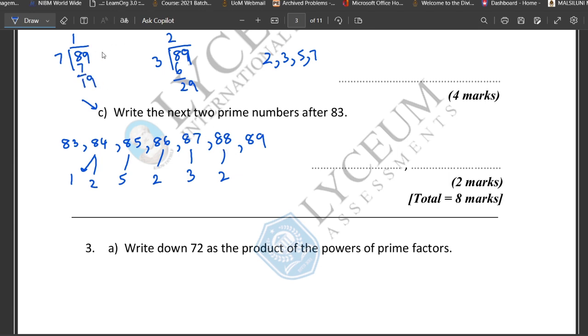It's not a factor, 7 is not a factor, and then we can check 11, also not a factor.